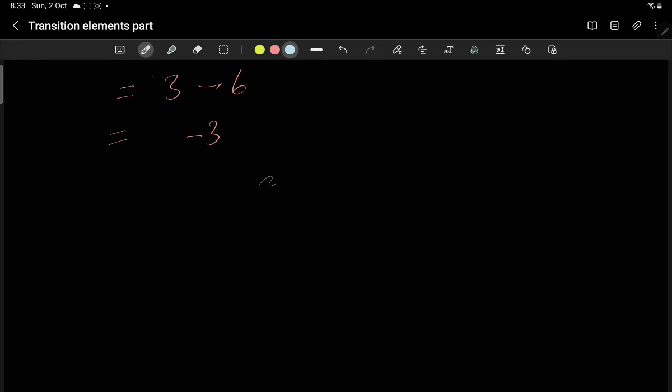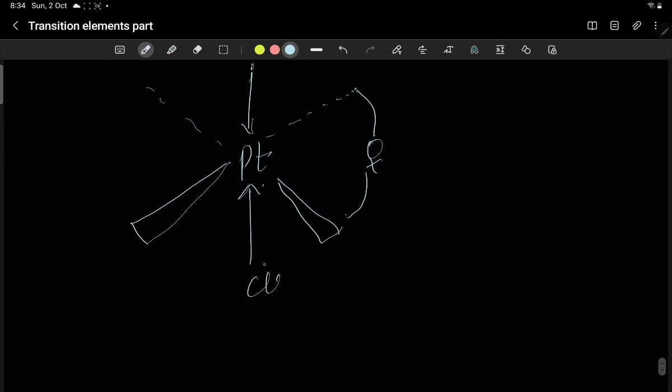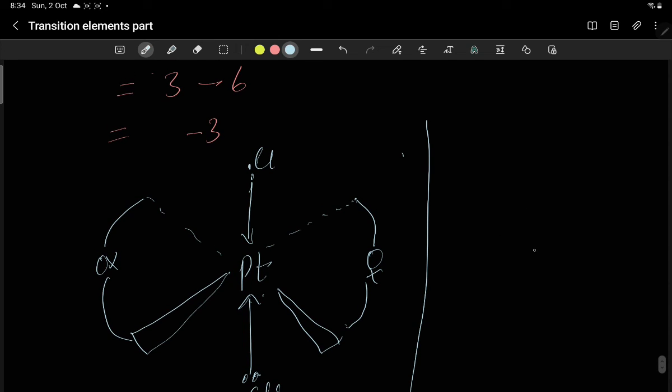So we draw like this: platinum, Cl, mirror image of platinum.